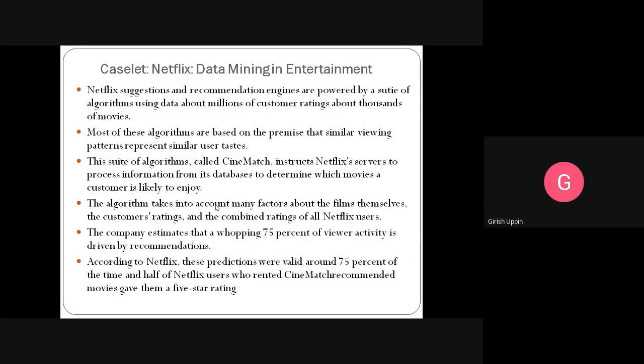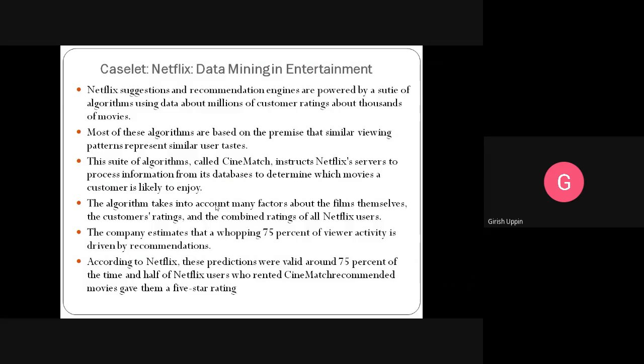Maybe the success of this data mining is because of the kind of people who like to watch certain kinds of movies or documentaries or any kind of videos. They have quite a similarity. A person having an affection towards a certain kind of movie will also like certain other kinds of movies.